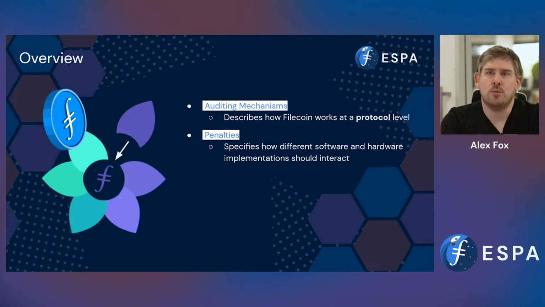A well-architected and well-run storage provider won't incur these penalties, but their presence serves a valuable function to the network in that it decentralizes the trust. Because a storage client knows that any rational storage provider is going to avoid incurring these penalties.